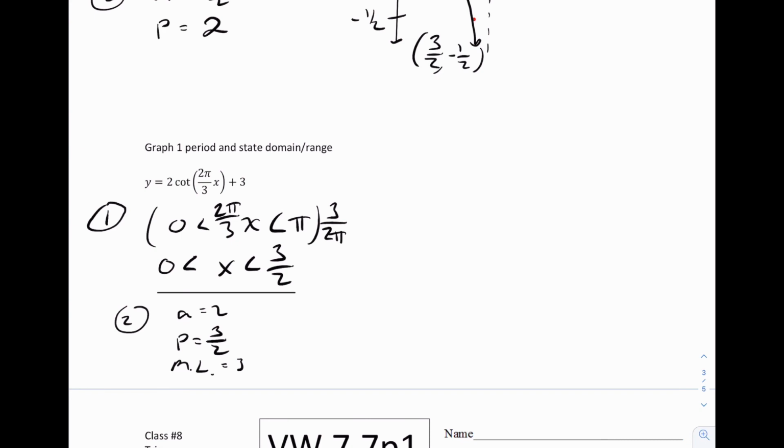So start the same way. We're going to put our asymptotes down. Let's put a 0 line right here. And I'll put the other asymptote. And I'm actually going to put the midline right here. And you'll see why I think this will make it much easier. The midline is 3. Let's use the a value. So go up 2, that's 5, down 2 is 1, which means our x-axis is right below.